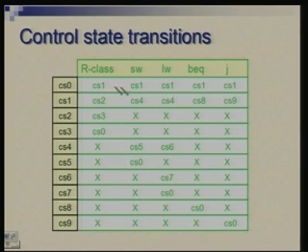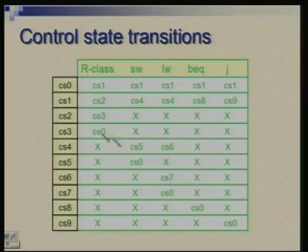For jump, it is 0, 1, 9 and then 0. Now, what kind of truth table do I have here? The opcode and the 4 bits of the control state form the input of one combinational block, and the 4 bits which encode the next state are the output.